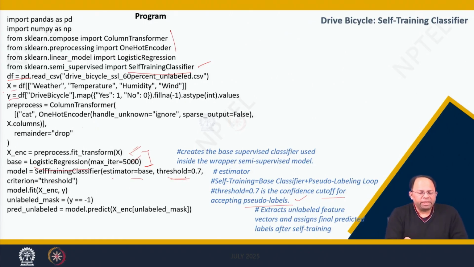So that is given here as the criteria, threshold, and this extracts feature vectors and assigns final predicted labels after self-training. Once the model is run, we fit the model here, and then using the unlabeled mask, we predict the unlabeled data, the data that is masked as unlabeled.